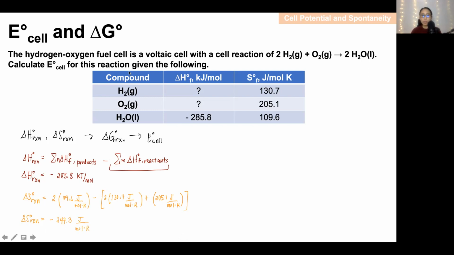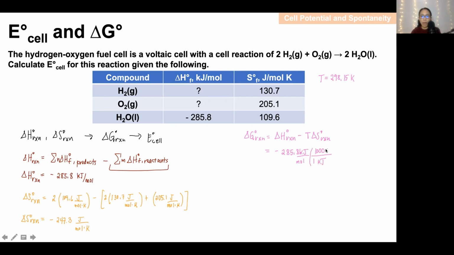So now the next step is we will use our Gibbs equation to get delta G naught, or the standard Gibbs free energy change of our reaction. Now, all of these are in standard state. And again, it is typical to set the temperature at 25 degrees Celsius or 298.15 Kelvin. So this is the temperature value that we will use. So we have negative 285.8 kilojoules per mole. We will convert this to joules.